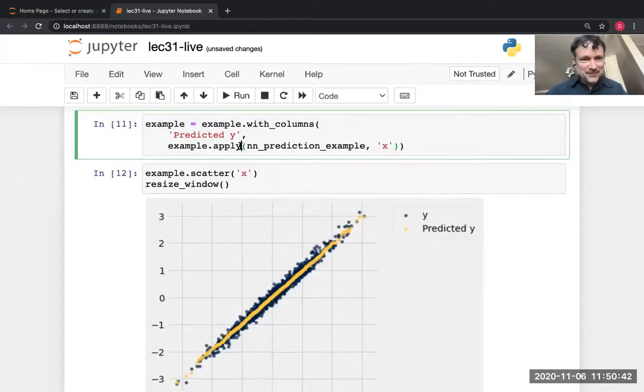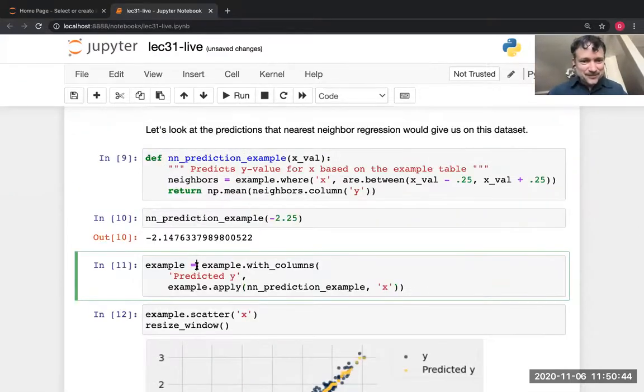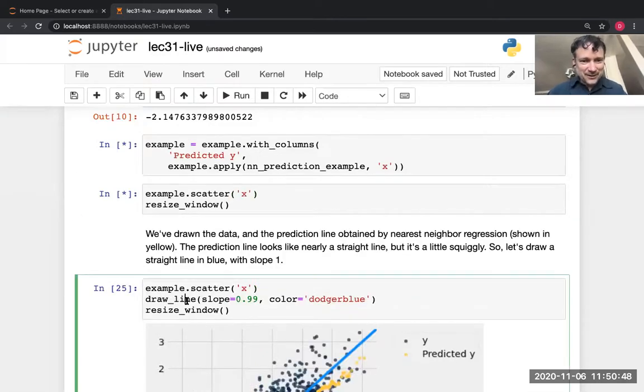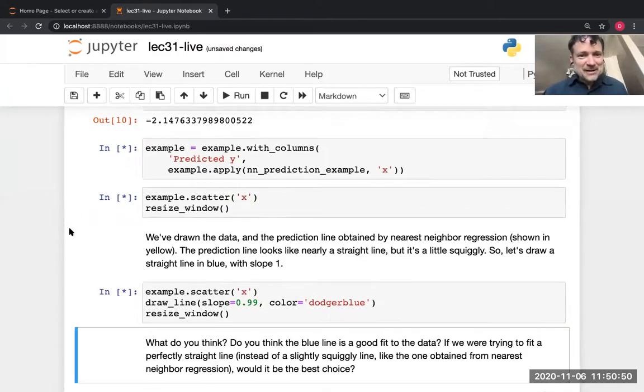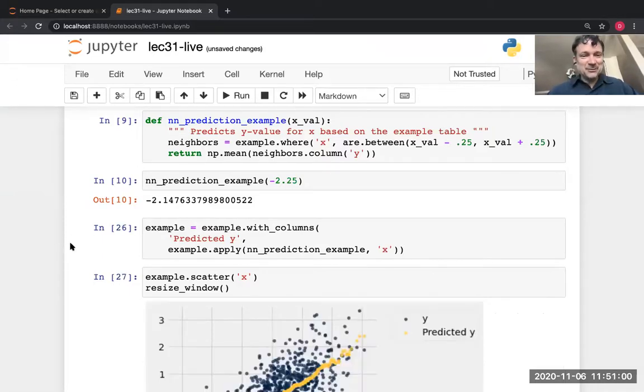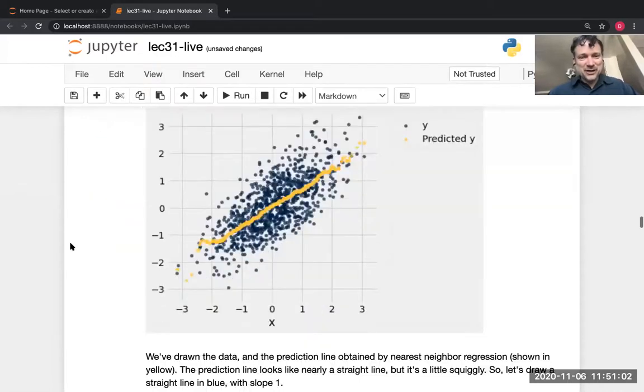I have to rerun all these. Okay. All right. So in the example above, I drew a blue line with slope 1, but actually better would have been a blue line with slope 0.99 because the data was generated to have correlation coefficient 0.99.